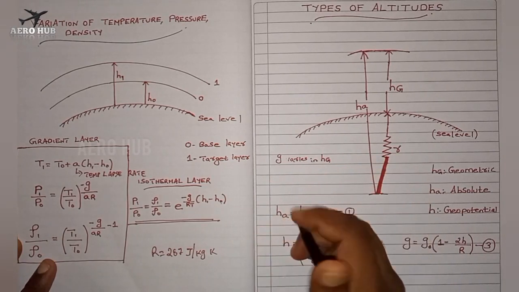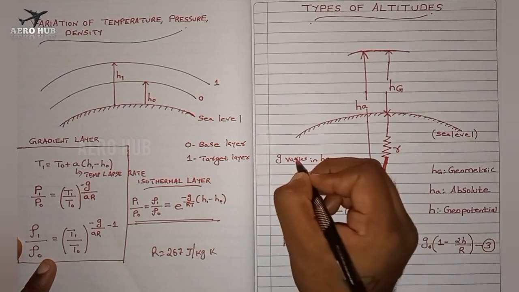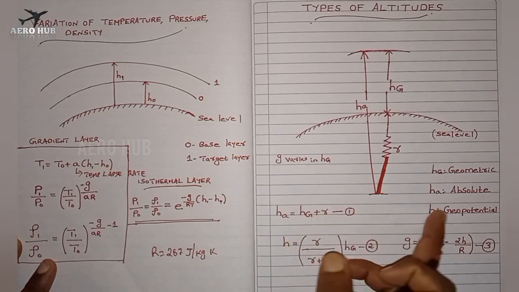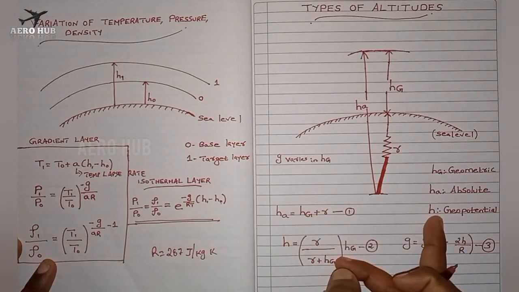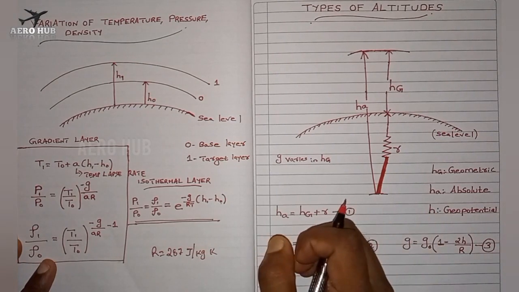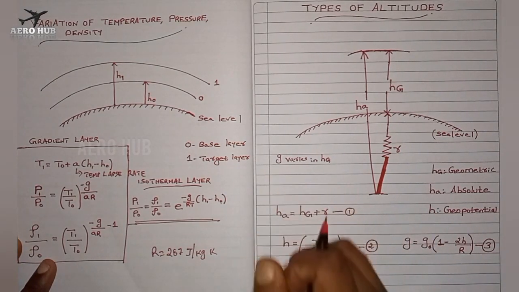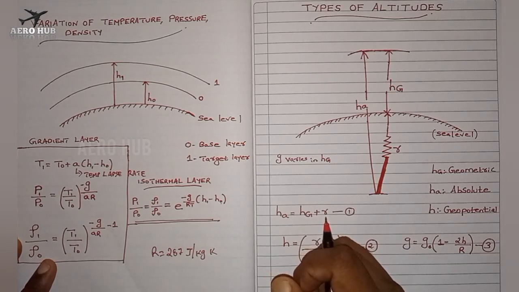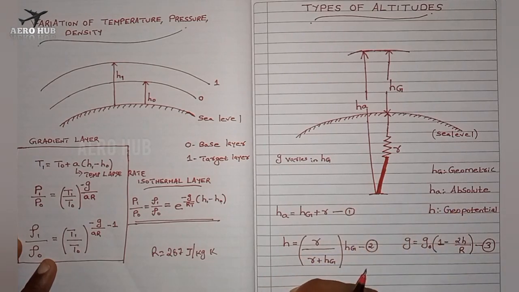So it is very difficult to estimate the altitude we are operating at from an aircraft design point of view. So we define a new altitude called geopotential altitude, that is h. This is an altitude in which the value of gravity is assumed to be constant.